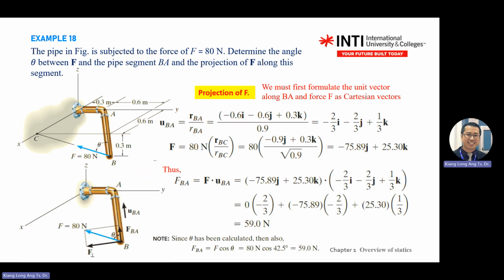This one flip to here. But before you reach these steps, you need to tell the direction of this vector. Change this 800 into vector form. These are the steps you need. Okay, so try to understand the background calculation.